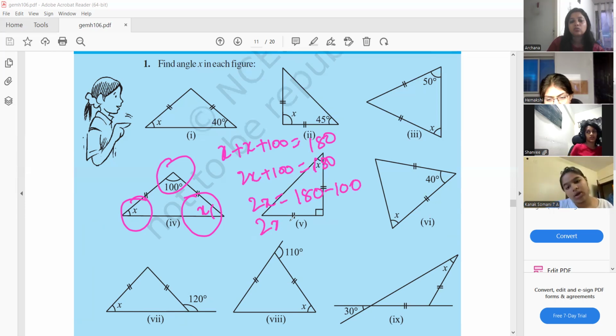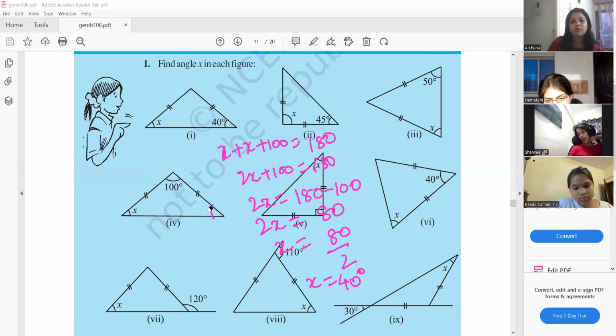So 2x is equal to 80. So x is equal to 80 upon 2. x is equal to 40. Correct? Yes, ma'am. So now, if you know that the measure of x is 40, then in that case, we'll take 40 degrees here. Correct?